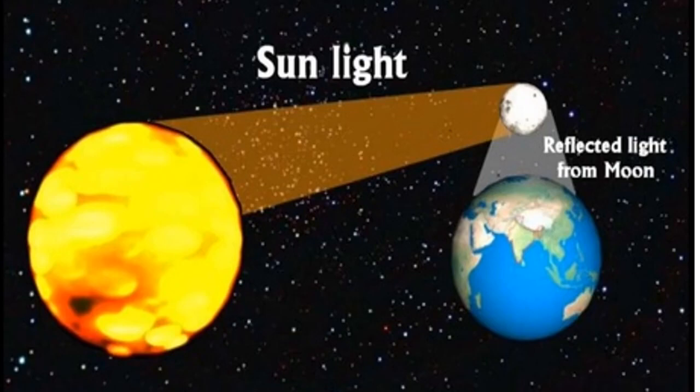This picture will help us to understand the reason with more clarity. We can see sunlight is falling on the moon, and the moonlight which we experience from Earth is basically the reflected light from the moon.